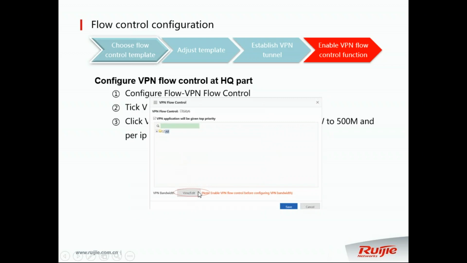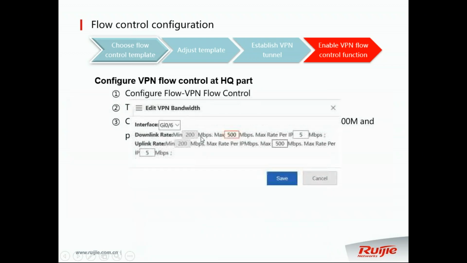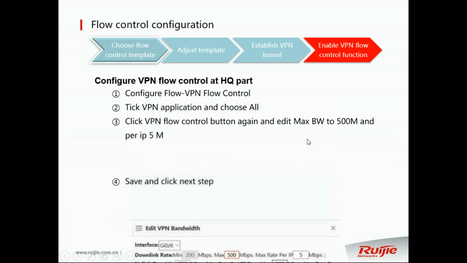So you choose the first, before it you save it, and now we click again, and then click edit to configure it. Here, the per IP, how much bandwidth, and the maximum bandwidth here. We can meet the third requirement, per IP to 5 megabit.